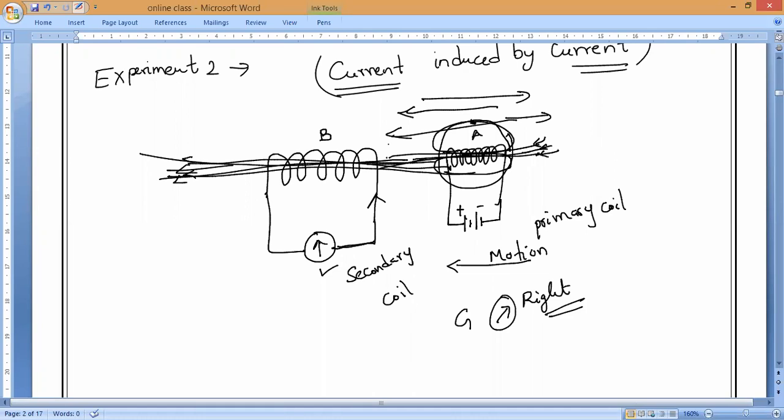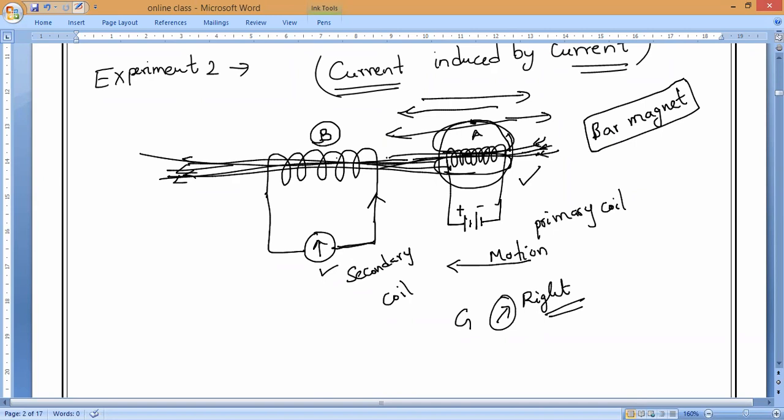When the current is passing through a solenoid, it behaves similar to a bar magnet. Is it yes or no, guys? Please respond. So these magnetic fields will change the magnetic field around coil B and induce the current. Is it okay?